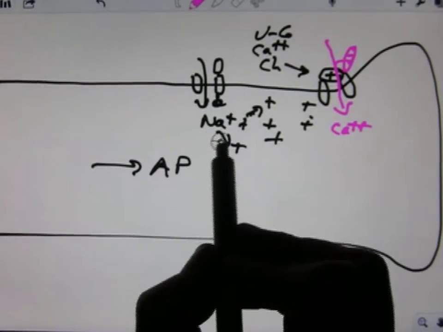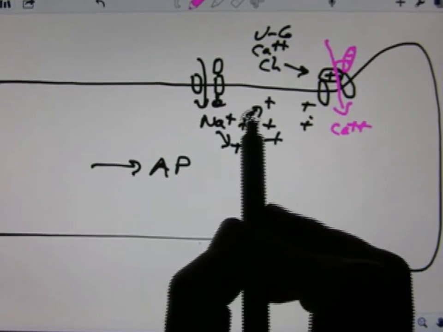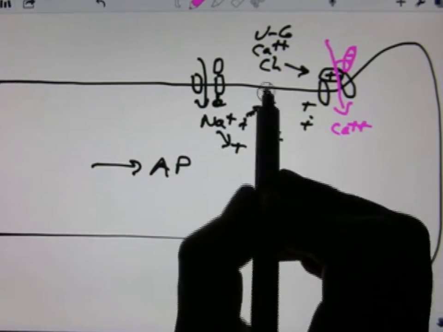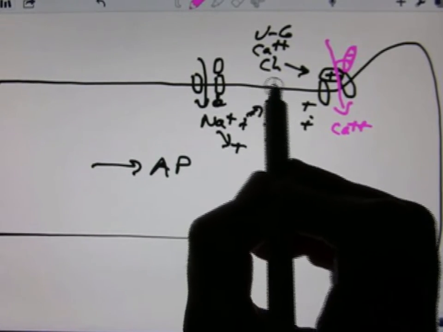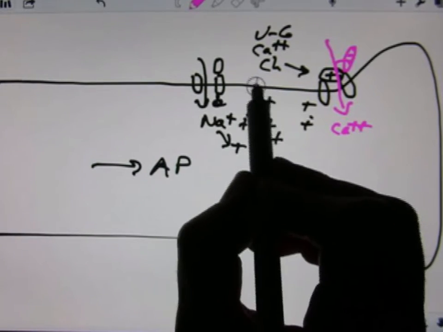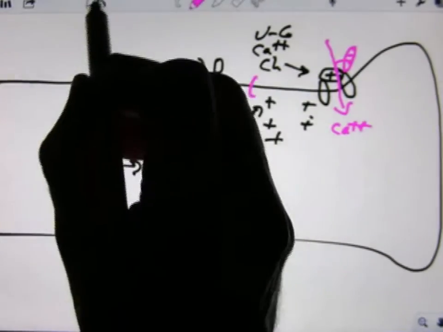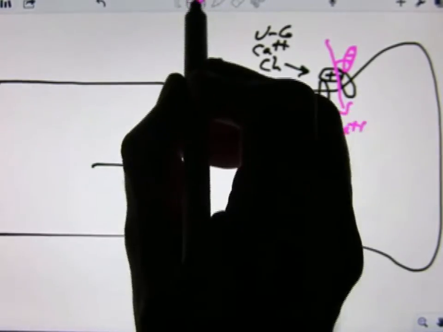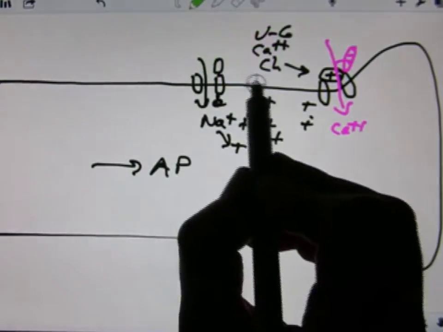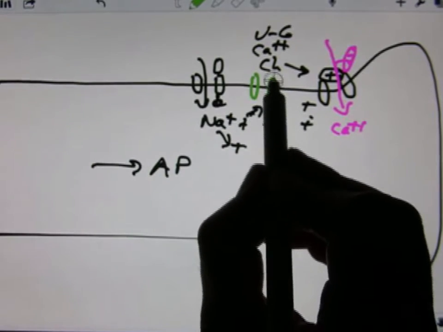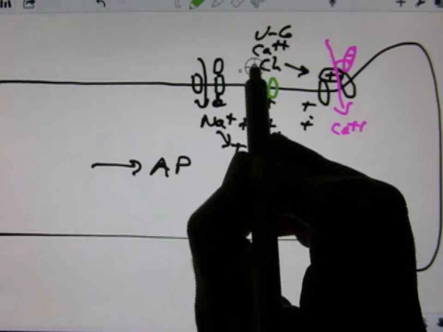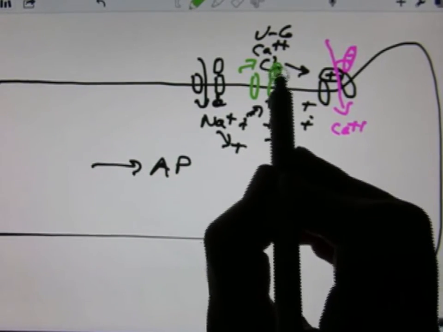So that's the leading edge of an action potential, and as that action potential is moving along, you'd have voltage-gated sodium channels that are open. That sodium in an action potential, until it gets to the end of that axon, would also be opening more voltage-gated sodium channels.